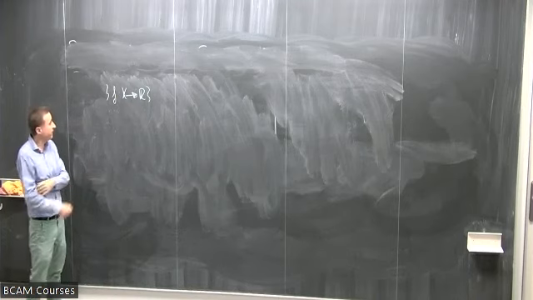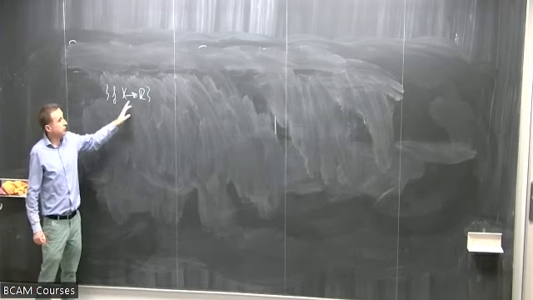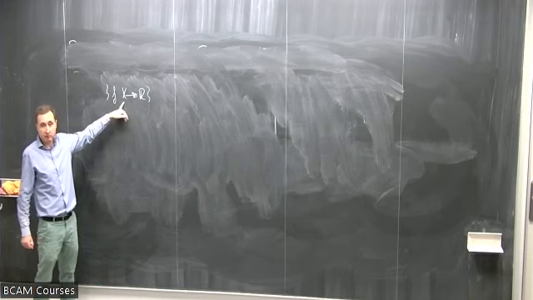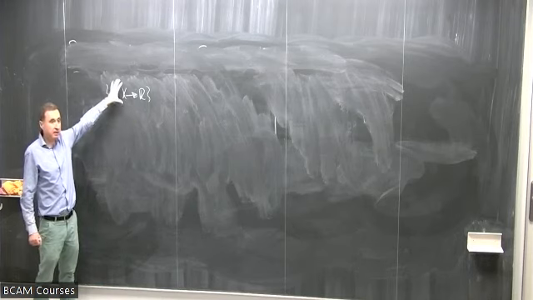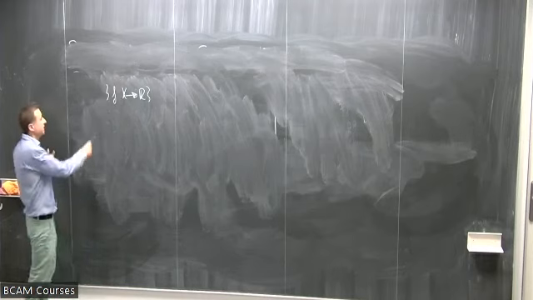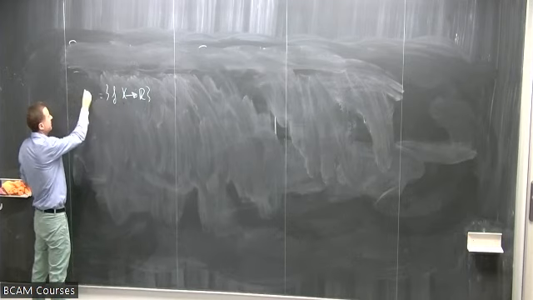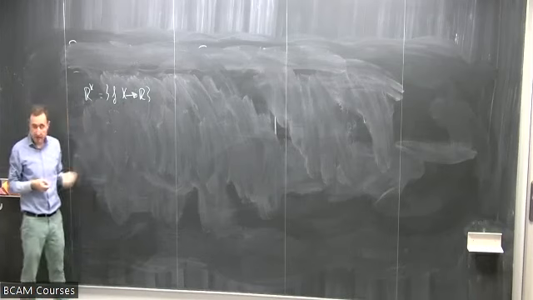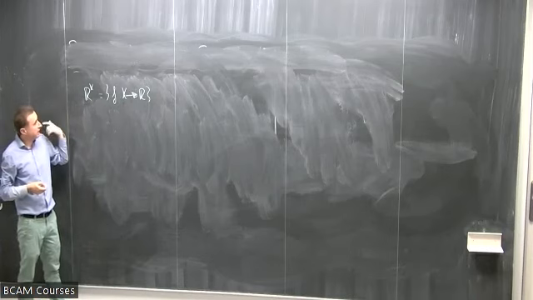If I have functions from x to R, it doesn't really matter what x is. These objects form a linear space. And this set is usually represented with the exponential notation.